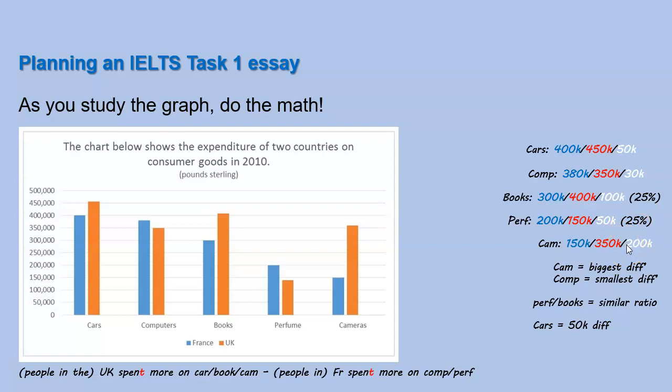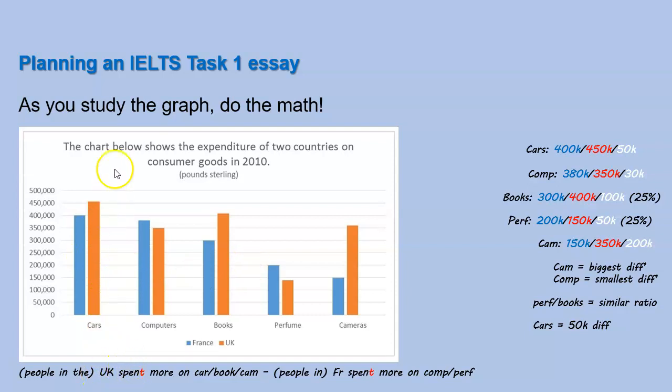That's a very large difference. So now we've got a big contrast that we can talk about. The smallest difference, spending on computers, and the largest difference, spending on cameras. We can also compare who spent the most.